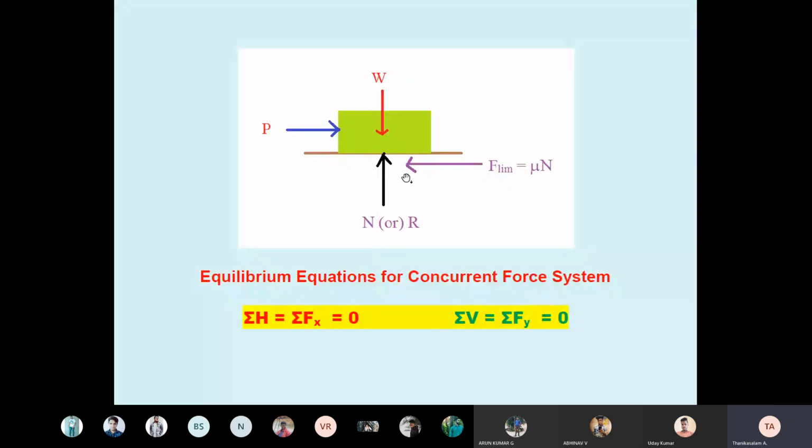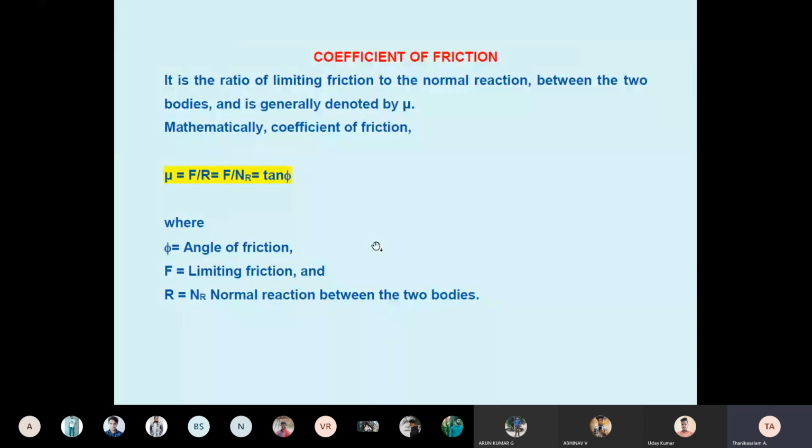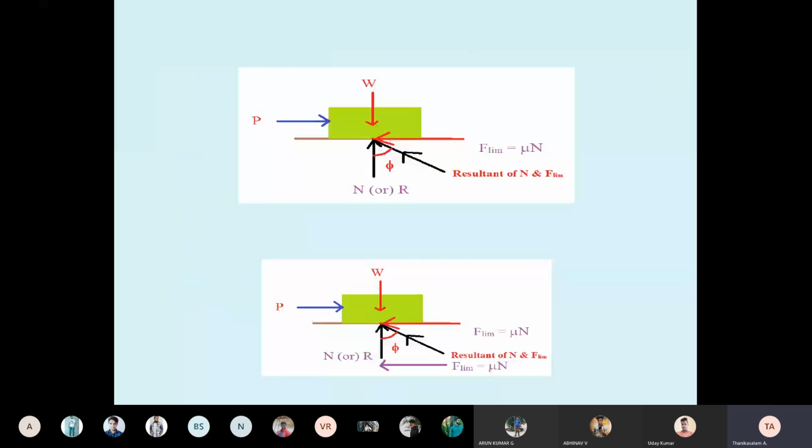The F limiting force is left side, that is minus X. N or R is upside, Y direction, so plus Y. So you know the force in X is minus, Y is plus. So the resultant goes to which direction? Second quadrant. So I am replacing F limit and N or R by the resultant, and it goes to the second quadrant.